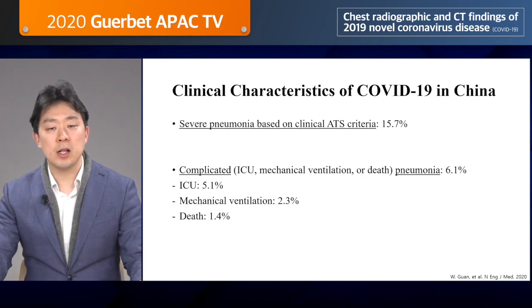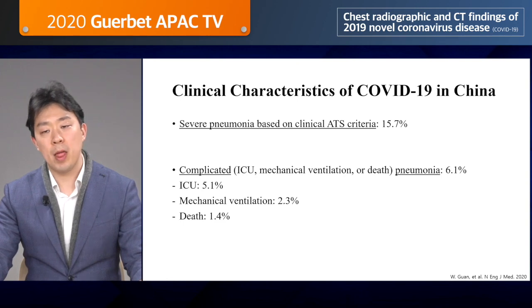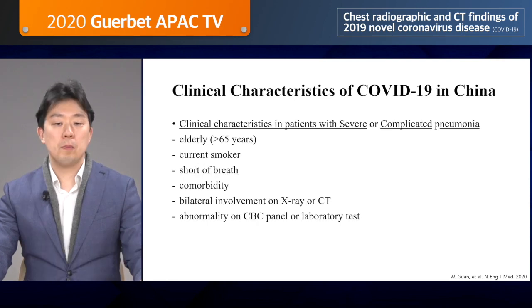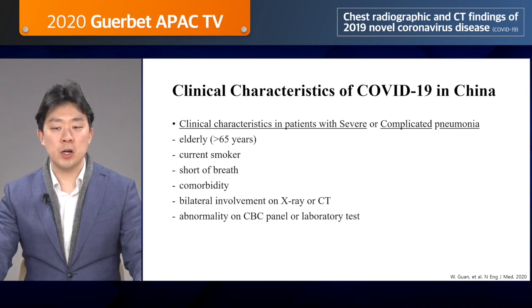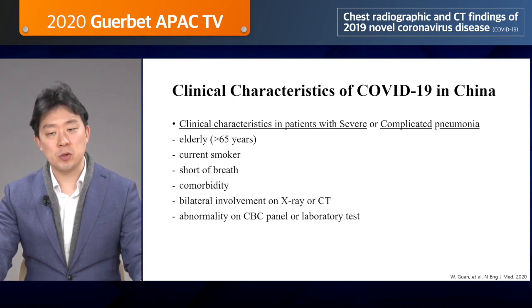Based on clinical ATS criteria and the composite outcome, 5% to 15% of the patients suffer from severe pneumonia. Patients who suffer from this severe pneumonia tend to have a history of chronic smoking, shortness of breath, comorbidities, bilateral involvement on radiologic examinations, laboratory abnormalities, or are elderly.